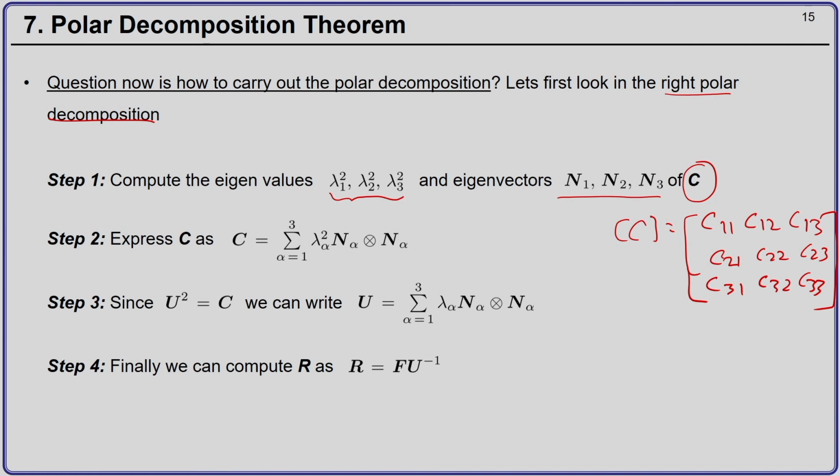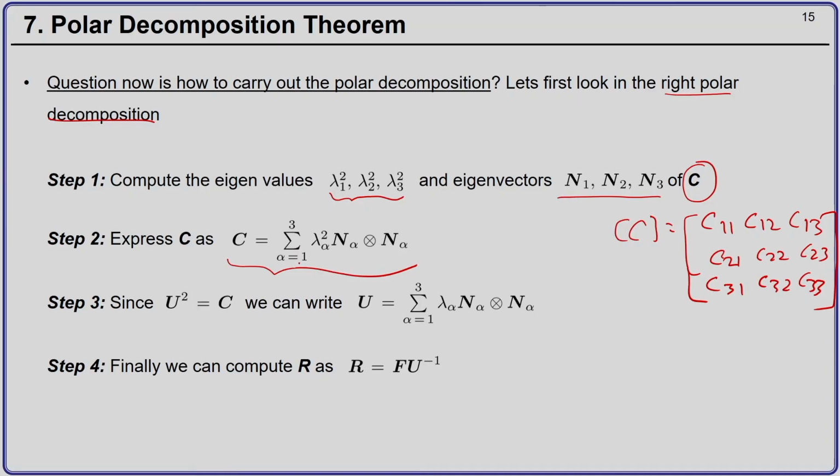Once you have found the eigenvalues and eigenvectors, using the spectral decomposition theorem, I can express C as a linear combination of the eigenvalues times the tensor product of the eigenvectors, which is summation over alpha, alpha goes from 1 to 3, lambda alpha square, n alpha tensor product n alpha.